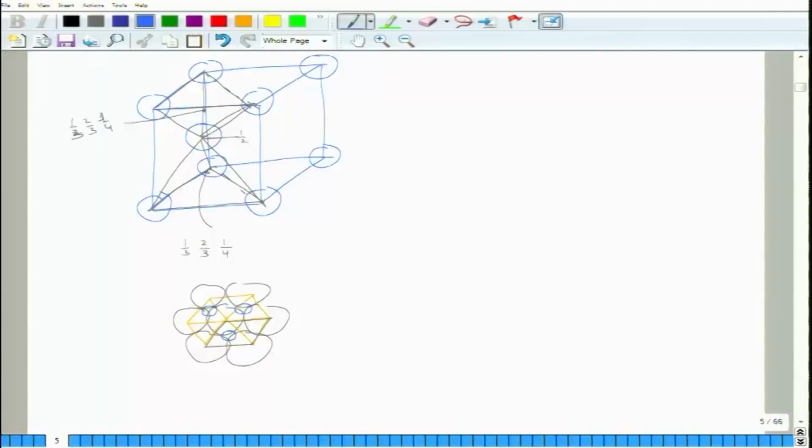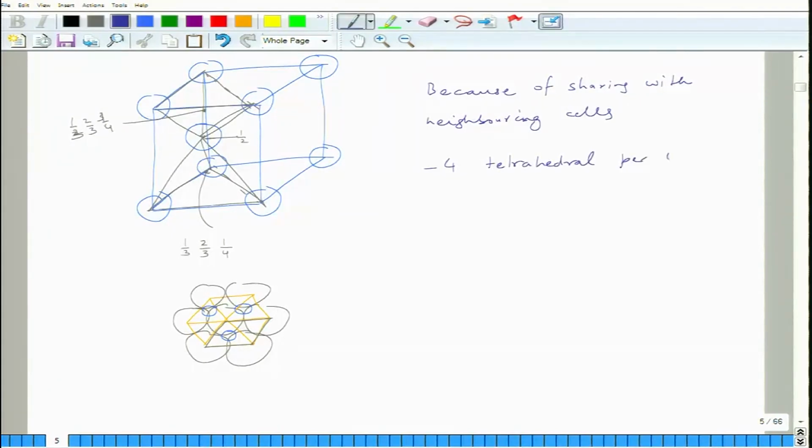So, as a result, because of sharing with the neighbors, just like in FCC, because of sharing with neighboring cells, we have 4 tetrahedral voids per unit cell, and each unit cell has 2 atoms.